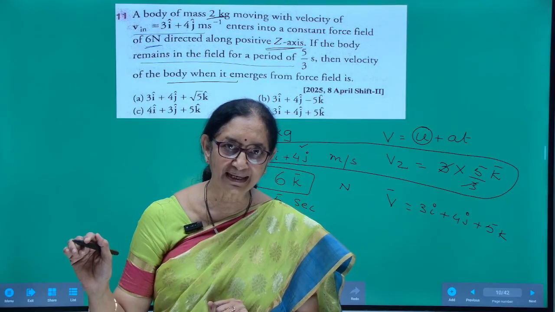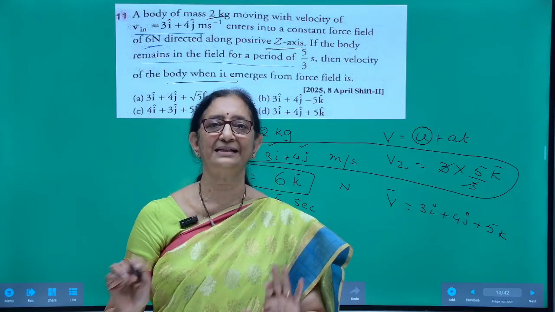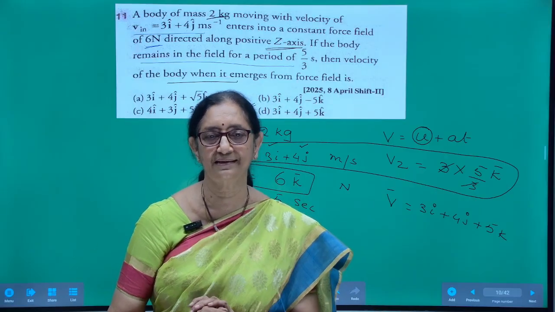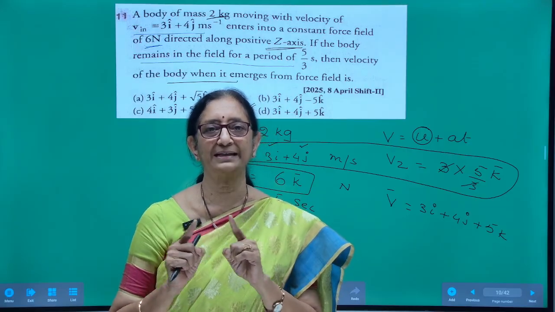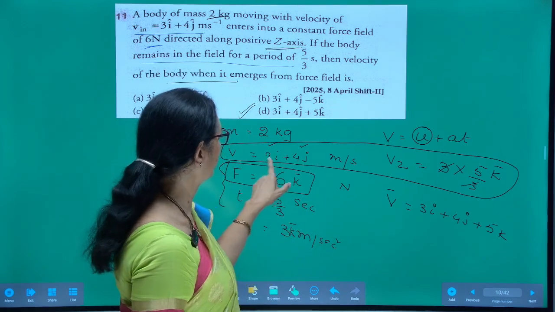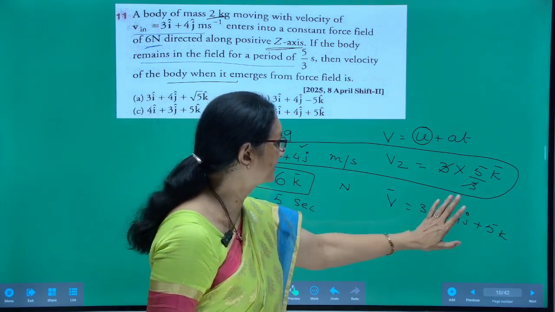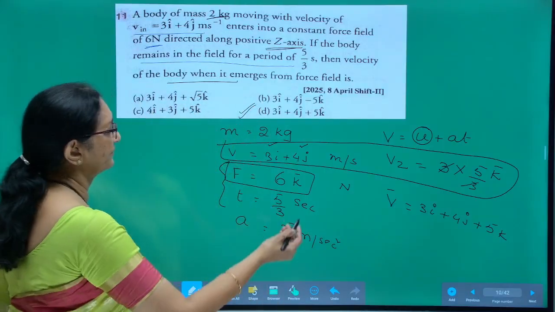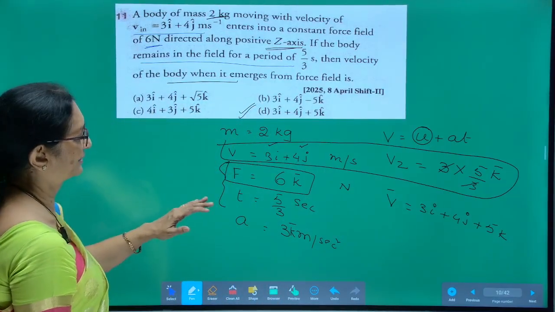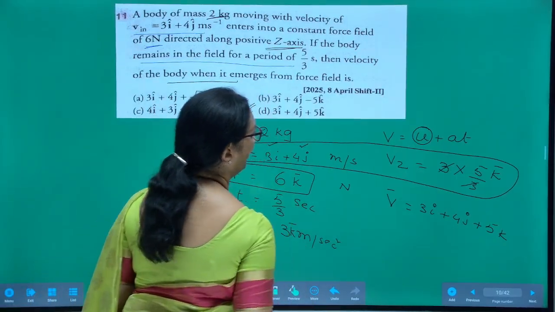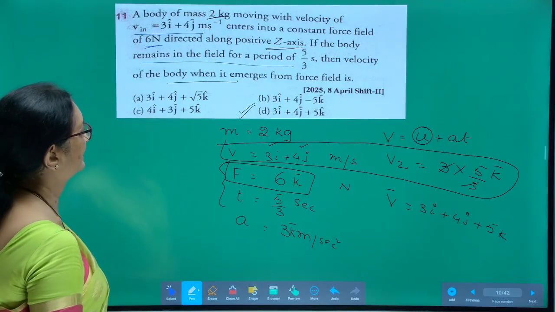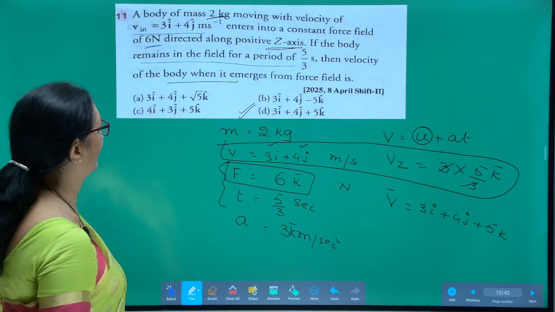If force is acting along z axis, its component along x axis is 0, along y axis is 0. Hence, along x axis and y axis there is no change in velocity. Along z axis we could find out the velocity after 5/3 seconds. So, that is the answer.